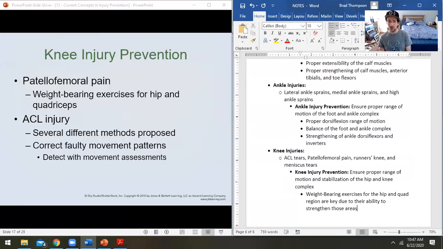One of the reasons we love barbell squats so much is because it's just really great to be able to throw a lot of weight on, and that creates stability in the entire patellofemoral region. Weight-bearing exercises in particular are really great because of how easy it is to make them more intense.